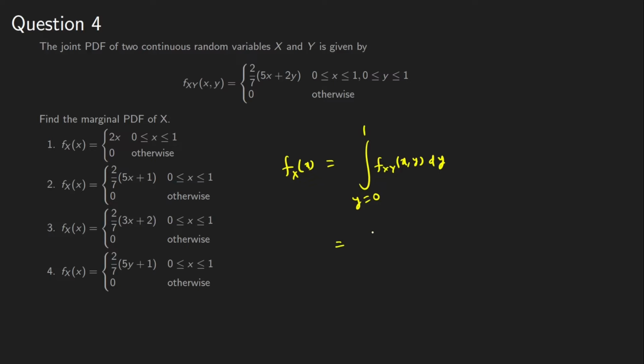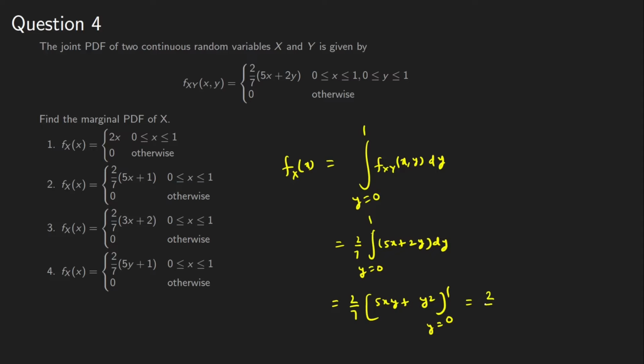So we can write it as the PDF integrated with respect to y. 2 by 7 we can take it outside, 5x plus 2y dy. Okay. 2 by 7, then 5xy plus 2y squared by 2, that will become just y squared, and the limits will be y equals 0 to 1.